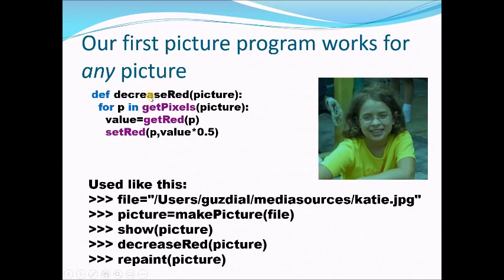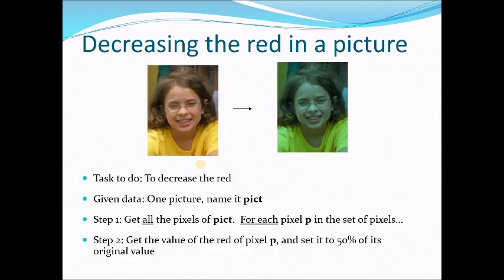So remember, we have done this, and I hope you have practiced how to modify the picture by modifying pixels. So basically we have two main steps. To decrease the red color, we take one picture and we try to make the resulting picture which has less red color. So our given input is one picture. It will have a name.